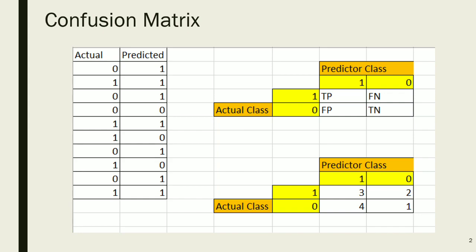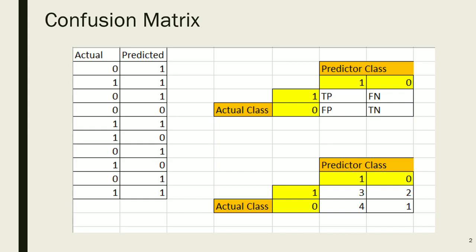That means false positive. Actual class 0, predicted class 1, false positive. Now, if actual class is 0 and you have predicted 0, great news. It is true negative. But if actual class is 1 and you have predicted 0, that means you have predicted it as negative and you are false. That means it is false negative.